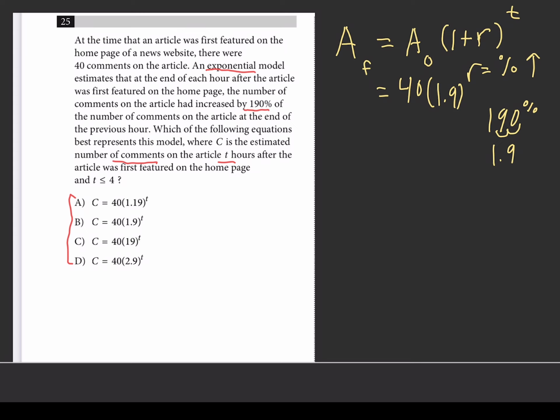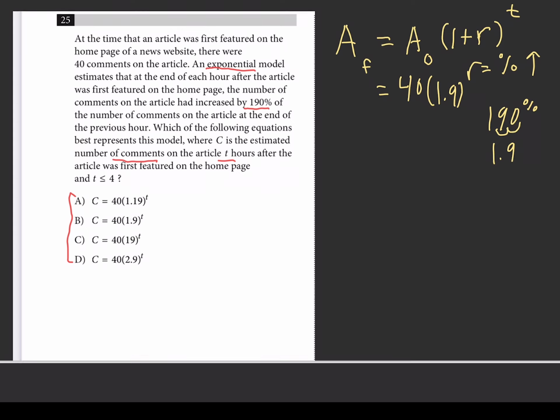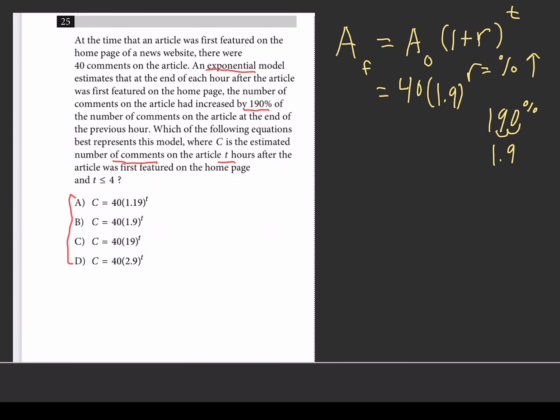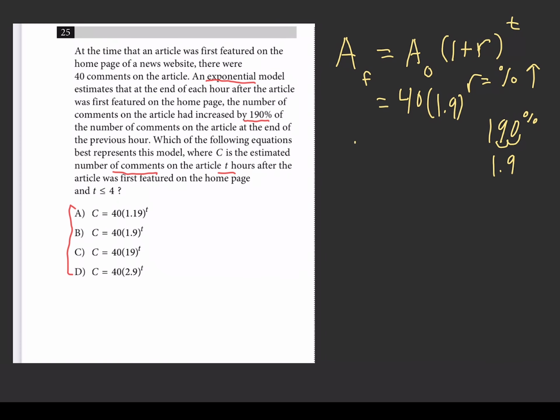So let me give you an example. Let's say we had something increasing by 10%. All right, so let's say it had increased by 10%, if it had gone up by that.